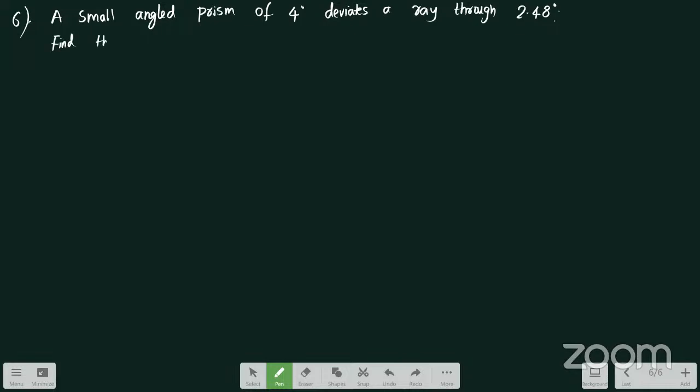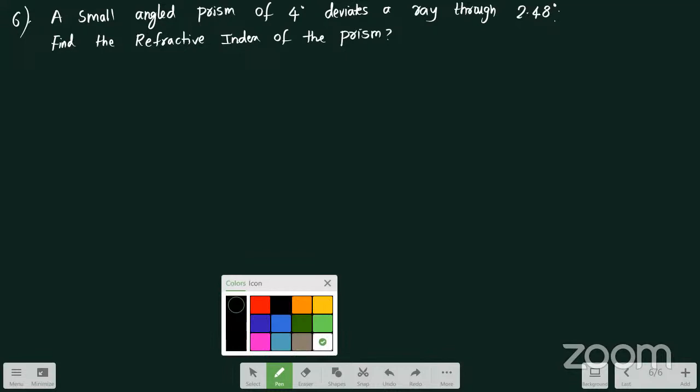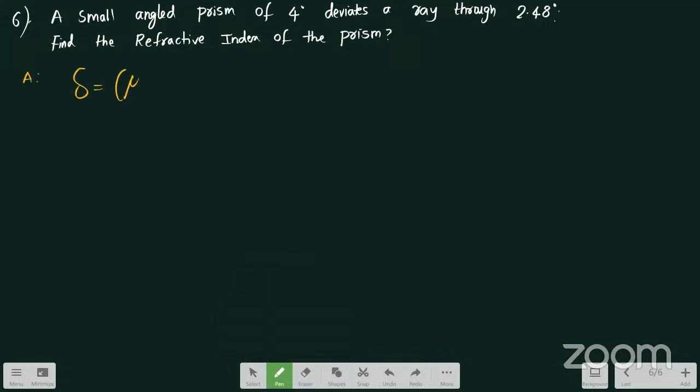Find the refractive index of the prism. So here, the deviation is (mu minus 1) into A. This is the formula for a thin prism.